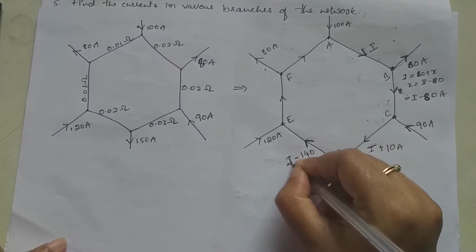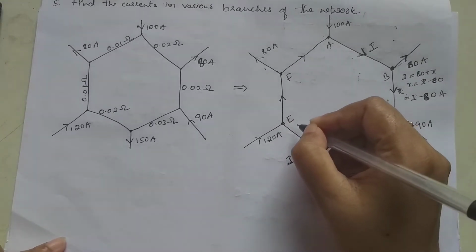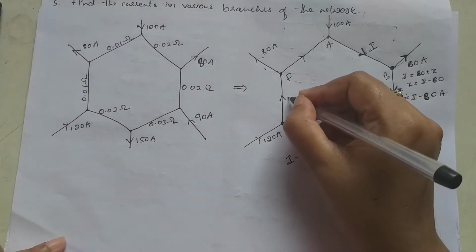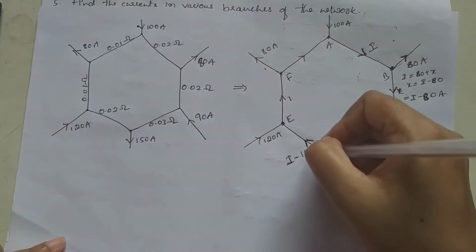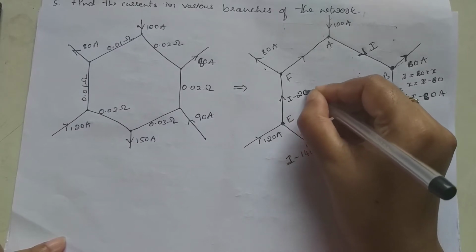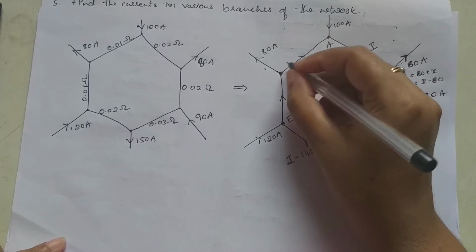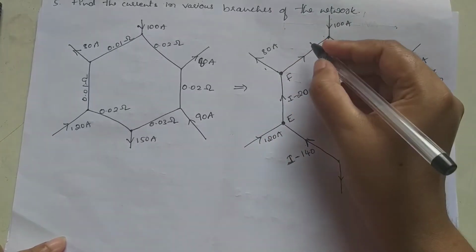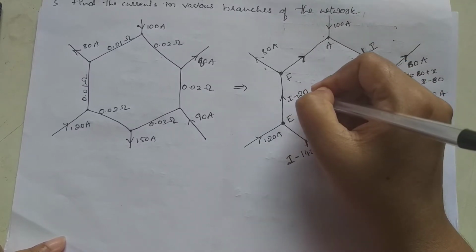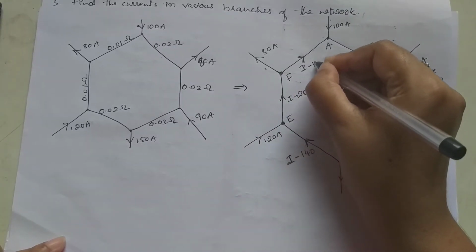Now I minus 140 is incoming to node E and 120 is also incoming. Applying KCL at node E, the outgoing current is equal to I minus 140 plus 120, so it is I minus 20. Now I minus 20 is incoming to node F, and 80 amperes is outgoing, and this current is outgoing, so this current is I minus 20 minus 80, which is I minus 100.